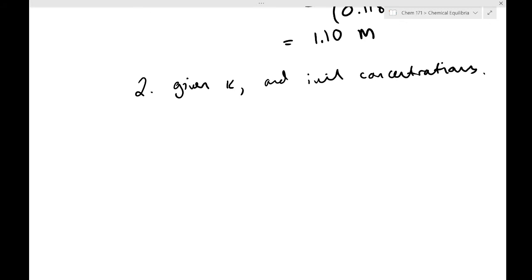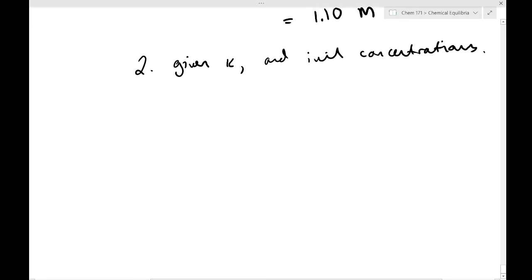How do you solve for the equilibrium concentrations? This is much more realistic. Okay, this is exactly what you would see in real life. Much more likely to see in real life than the first case.